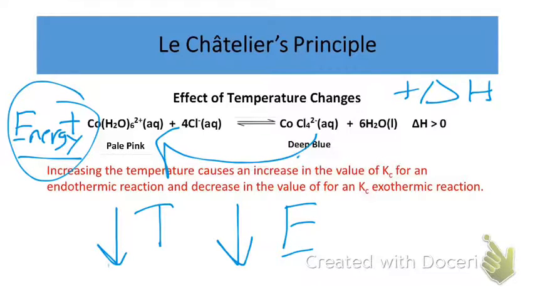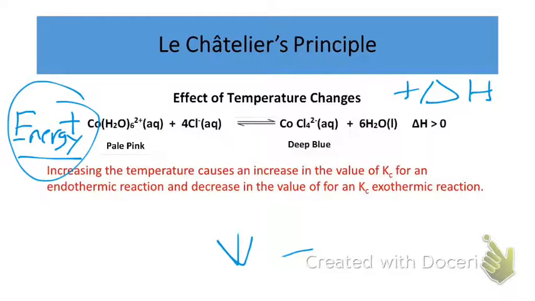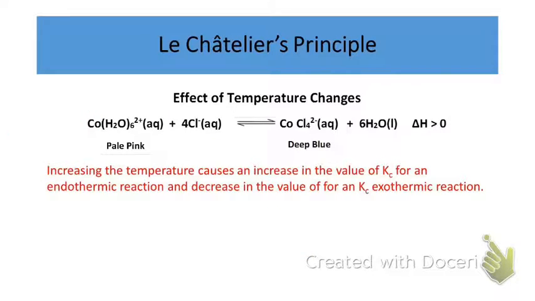And you know that exothermic processes generate more energy. All right? So if you think of energy as if it were a reactant or product, then you can use Le Chatelier's principle in the same manner as you would for changes in concentration.